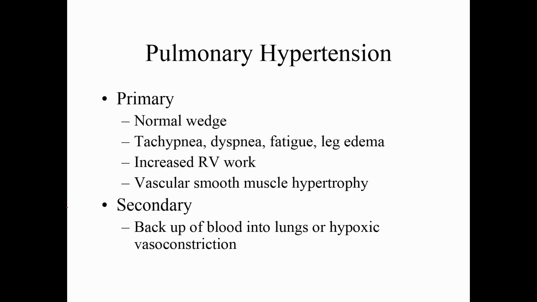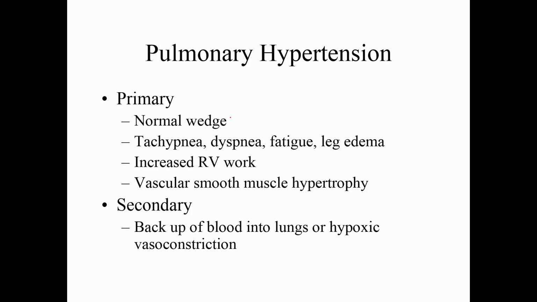So if you have a normal wedge pressure and a high pulmonary pressure, that would be classified as primary hypertension. So the person's going to have tachypnea because there's high capillary pressure in the lungs, and that's a restrictive situation. They'd have shortness of breath.